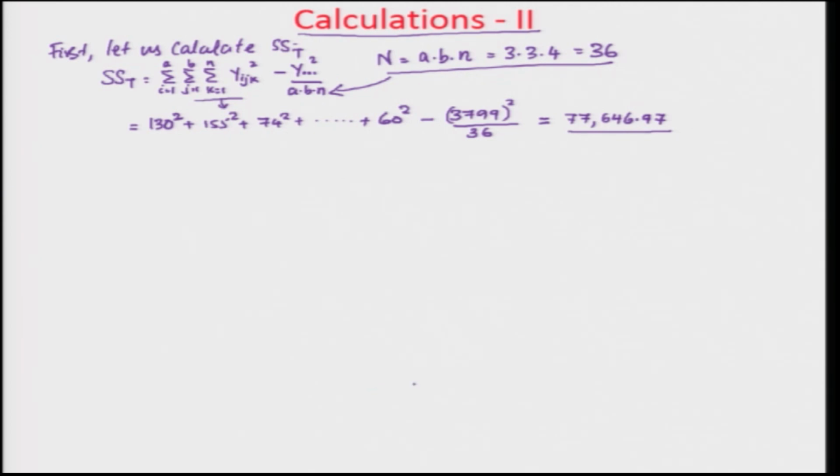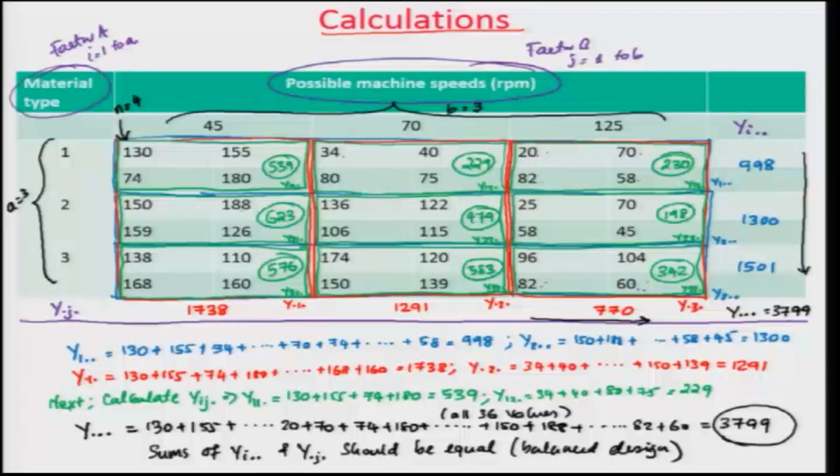Okay. Now let us compute the main effects. Okay. So the sum of squares of A, and in this case A is material.